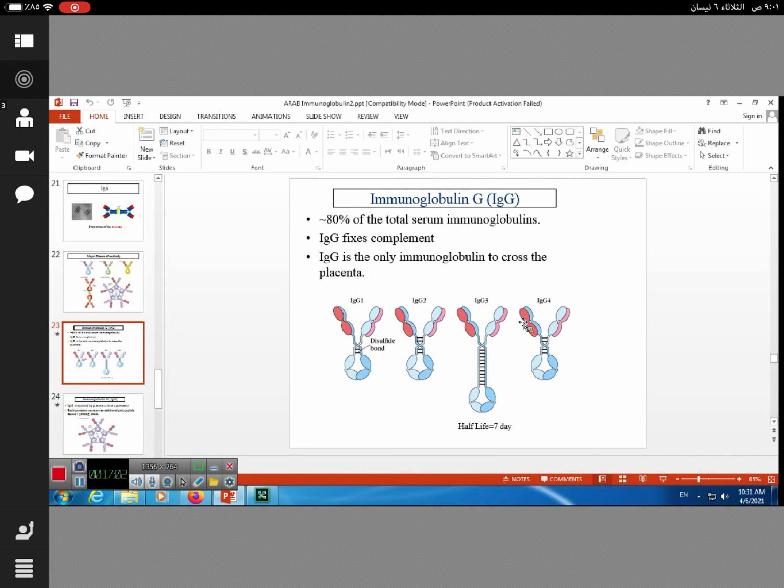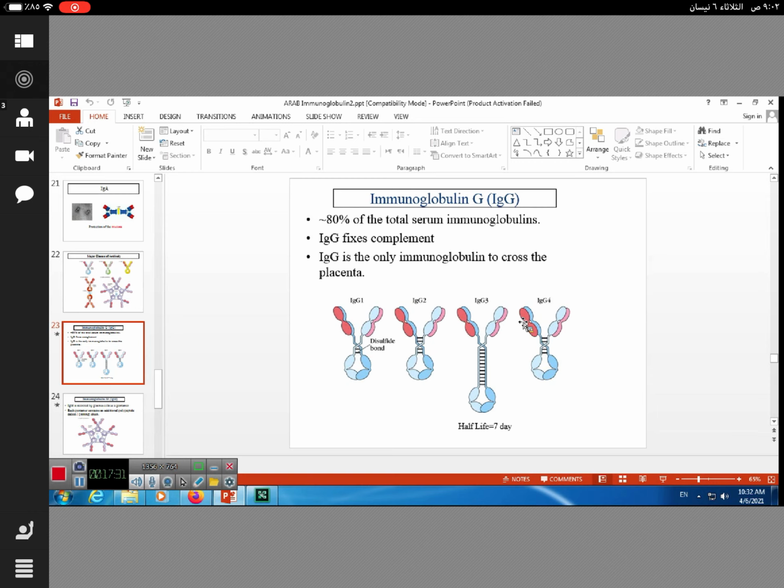First, IgG. Near 80% of total antibody in the serum is IgG. And IgG is the only immunoglobulin to cross the placenta.